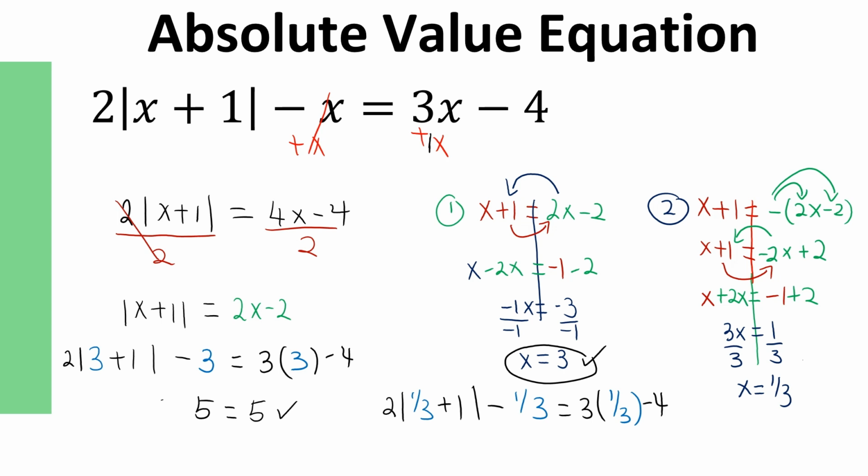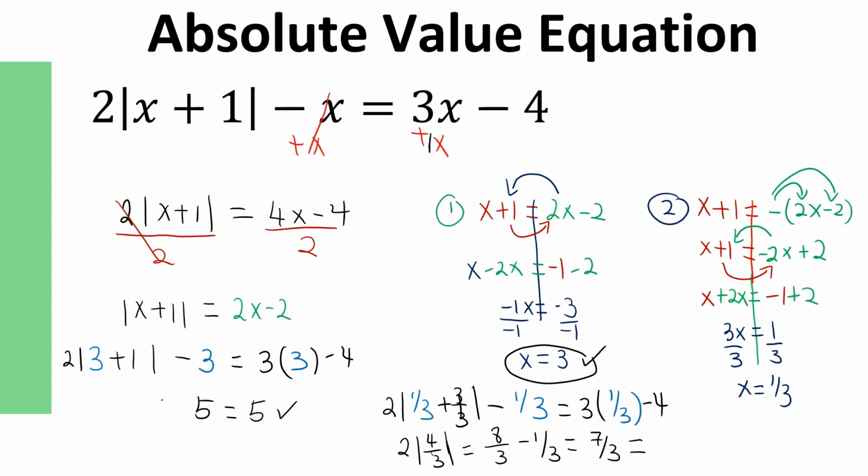So we can add 1/3 plus 1. So I can rewrite 1 as 3 over 3. So 1/3 plus 3 over 3 is the same thing as 2 times the absolute value of 4 over 3. And the absolute value of 4 over 3 is just 4 over 3 times 2. So that'll give us 8 over 3. And when I subtract 1/3, that'll give us 7 over 3.